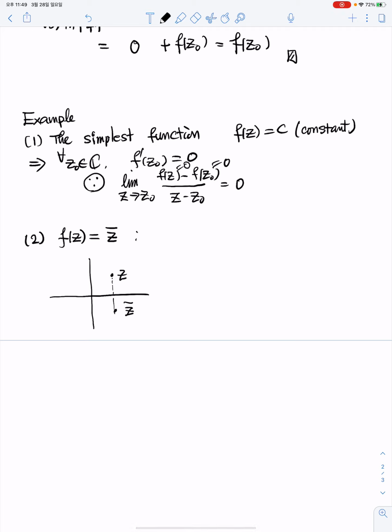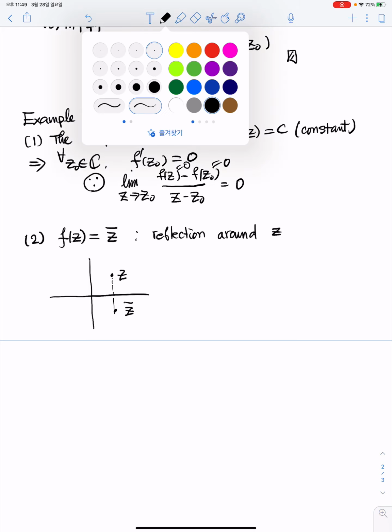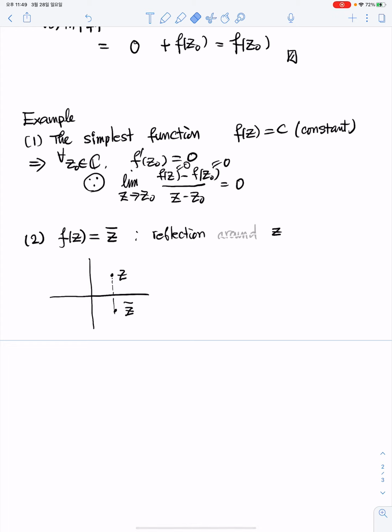So this is a reflection about the real axis.